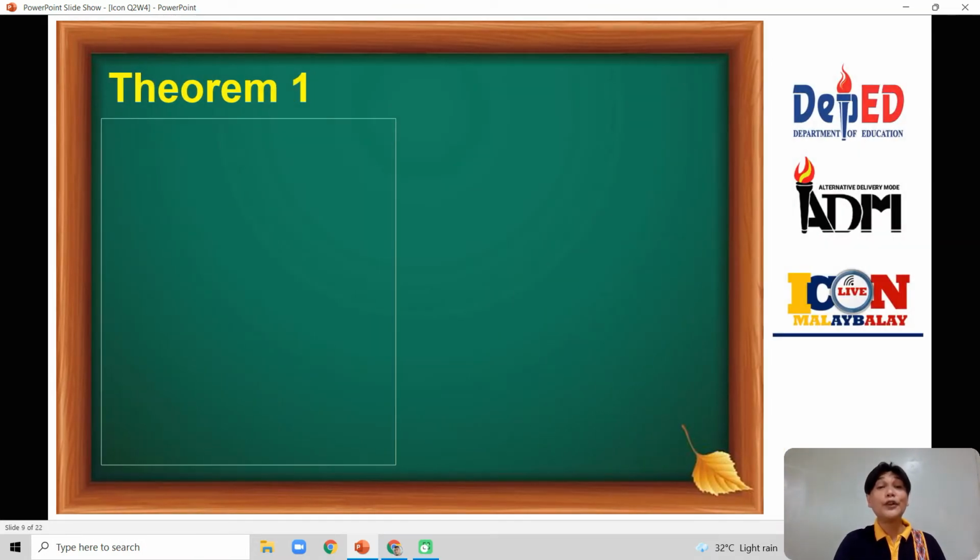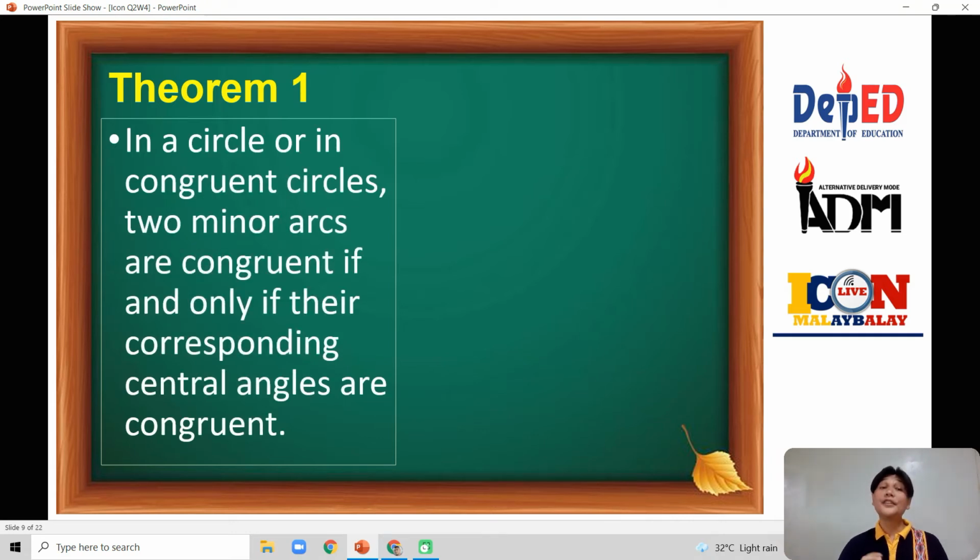Now, for Theorem 1: in a circle or in congruent circles, two minor arcs are congruent if and only if their corresponding central angles are congruent.